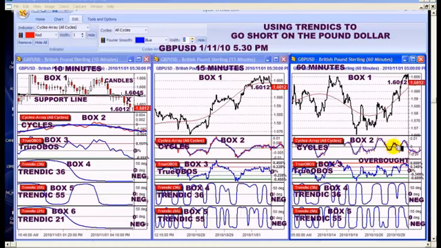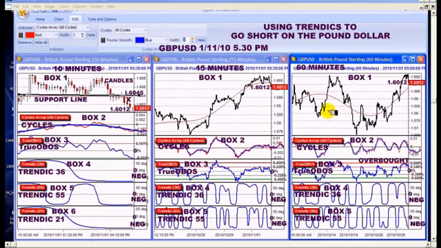And the same thing applies to the cycles in the 60-minute period. However, as I've said before, it is not absolutely essential for the cycles in the 60-minute period to agree with the direction of the trendings, or the zone that the trendings are in.